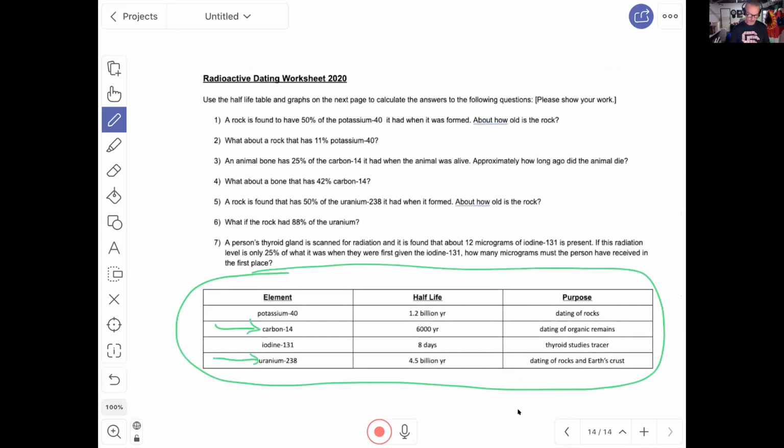This introduces you to potassium-40 and iodine-131. Each has a different half-life, so you have to look at those to make sure you're using the right numbers. And you can always rewind this video and look at the problems that we've already done again. You're going to be using the same radioactive decay curve to figure out these problems.